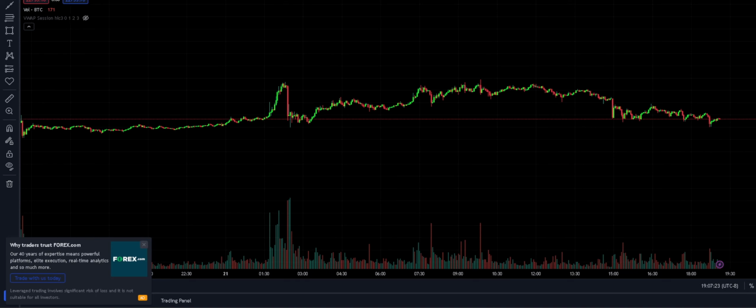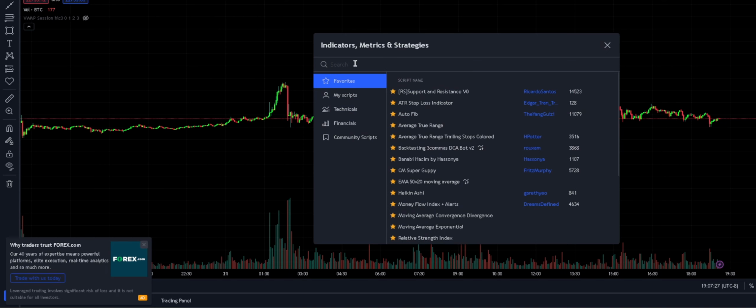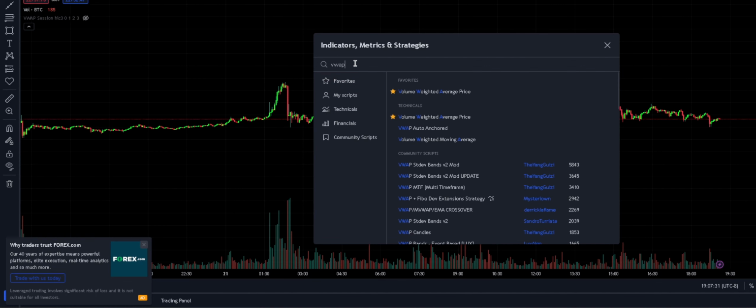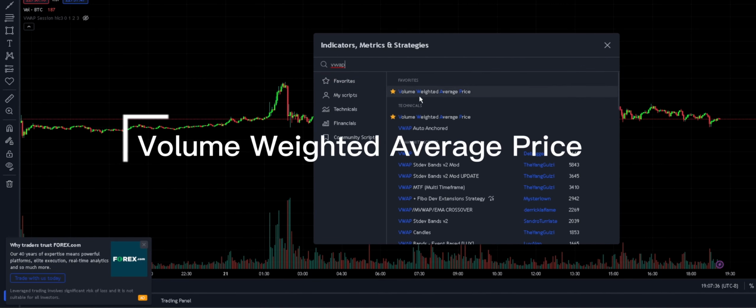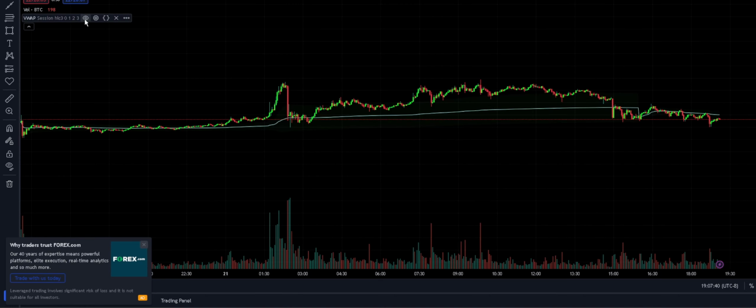Once you have access to VWAP, you go to the indicators and type VWAP, which is short for volume weighted average price, and you just click and add it, and it's right there.